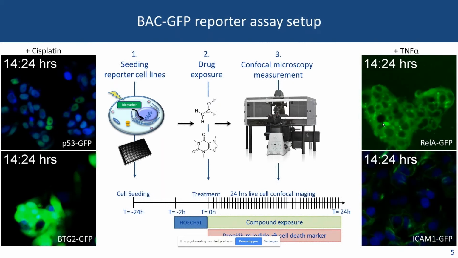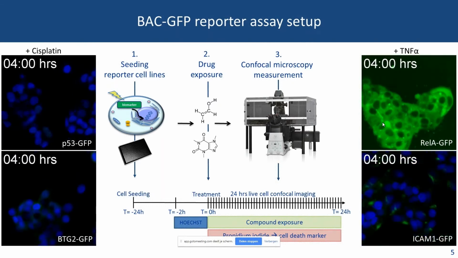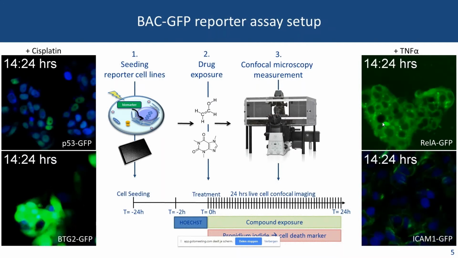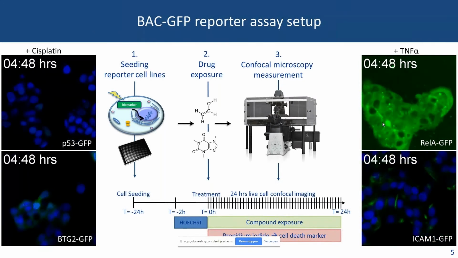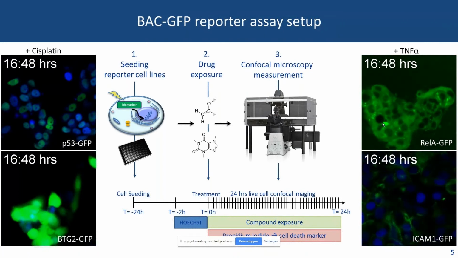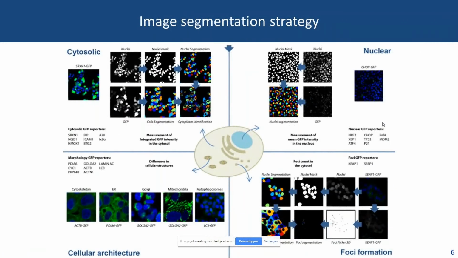I don't think there's any other readout in which we can visualize and quantify such a dynamic process with this high quality. All right, so from a simple screen, we generate about 30 terabytes of data.